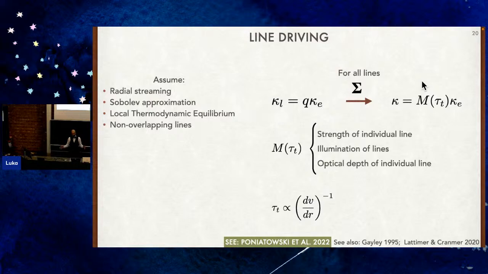And this force multiplier will take into account individual strengths of different spectral lines, as well as how much flux or how much radiation each line receives, and the optical depth of the line, which in this case will be inversely proportional to the velocity gradient. So let's try, since we have a database, to compute what force multipliers are.